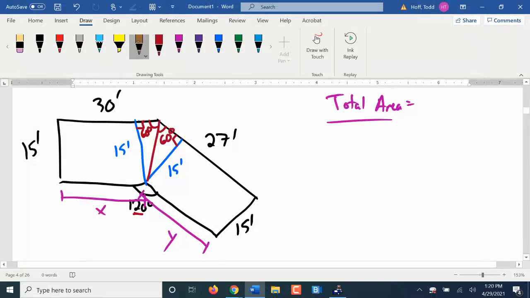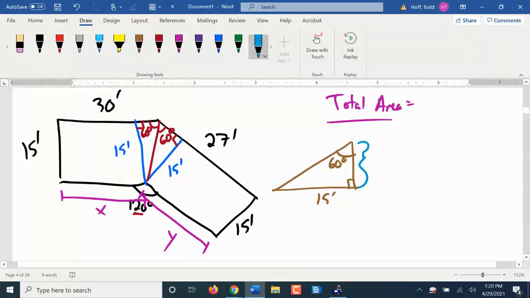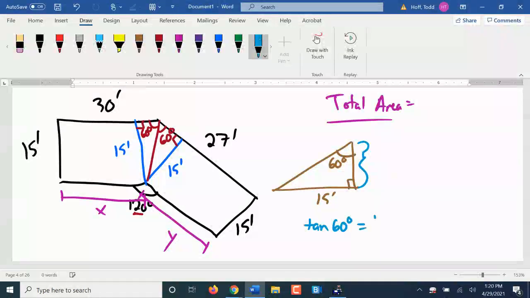So because of that, we can look at a 60-degree triangle with a 15-foot side, and we can find this length here. It's going to be the tangent of 60 degrees equals 15 feet over, I'm going to call that A for now, over our length A.